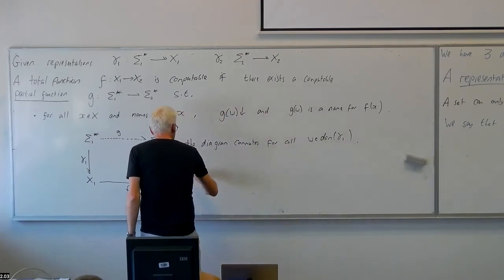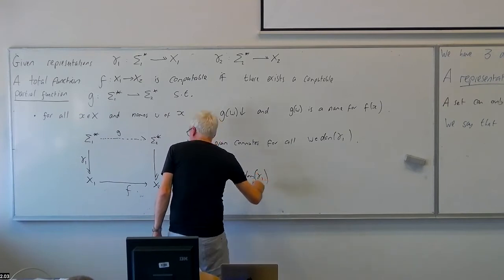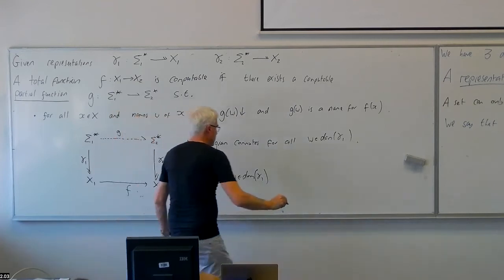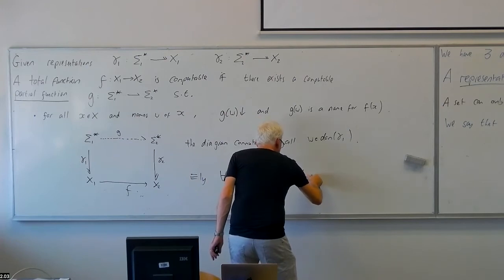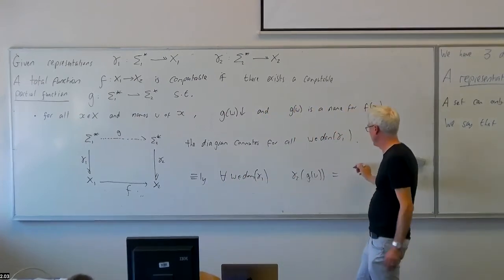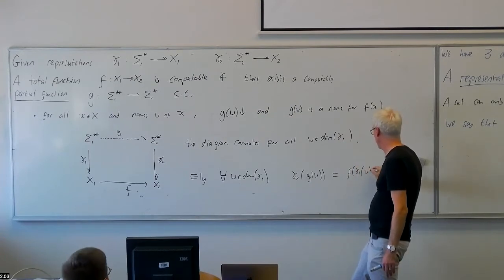Or equivalently, for all w in the domain of gamma 1, gamma 2 of G of w is defined and equals f of gamma 1 of w.